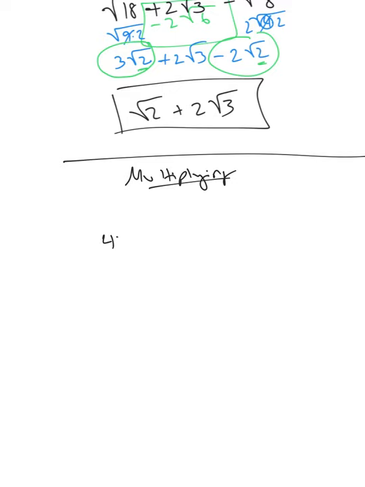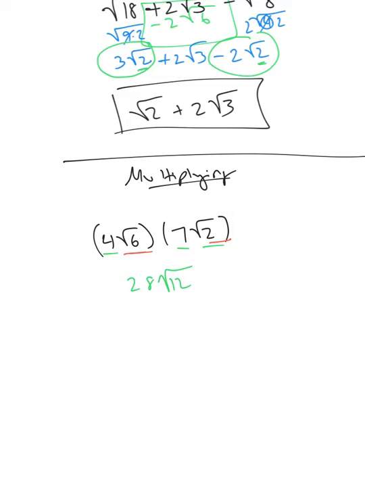Here's another one, 4 times the square root of 6 times 7 times the square root of 2. You would multiply outside numbers times outside numbers and numbers under the radical times numbers under the radical. So I'll do those in red. The 4 times 7 is 28, and square root of 6 times square root of 2 is square root of 12. So you actually multiply those radicals. And then you look to see if you can simplify.